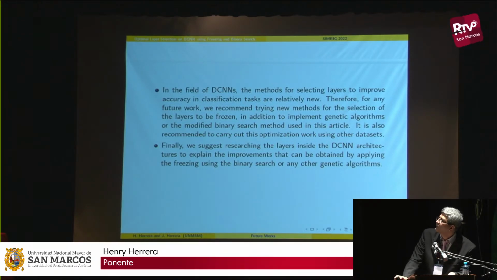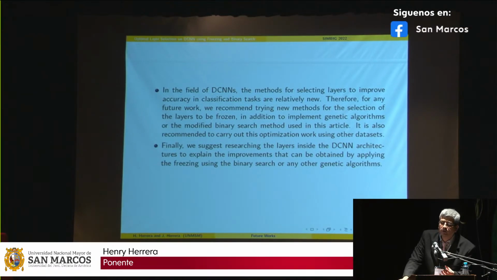So as I am presenting in this slide, the method for selecting layers to improve accuracy in classification tasks is relatively new. So for future works, we recommend using or creating more methods in order to improve the accuracy of the CNN, in addition to implementing genetic algorithms or a modified binary search.